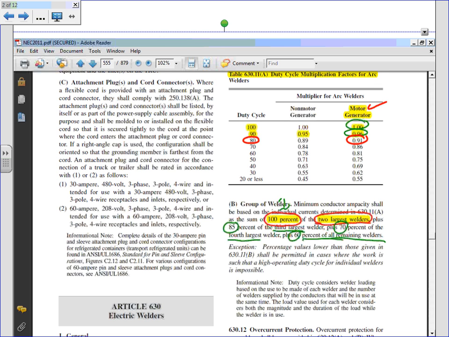So everybody knows where the 0.91 came from? Any questions, guys? Any question about that? Okay, so let's continue.